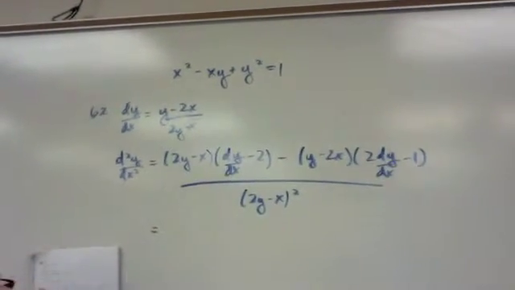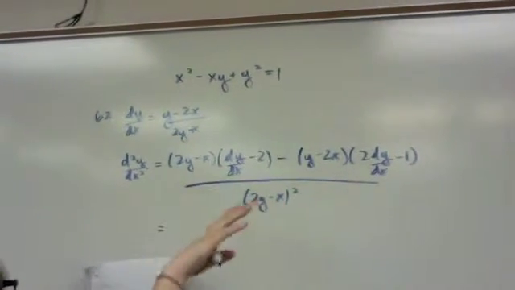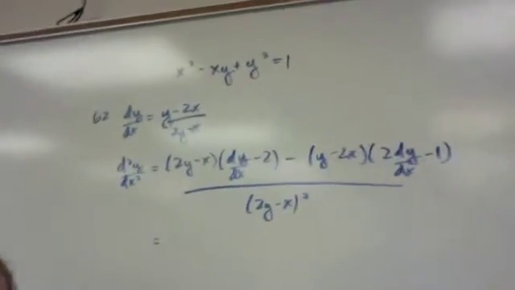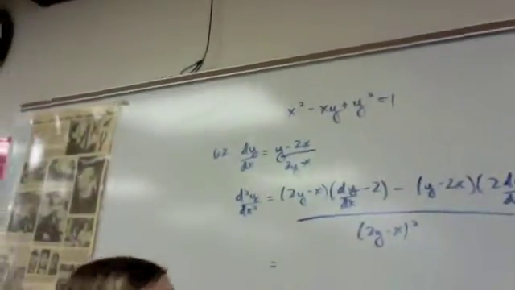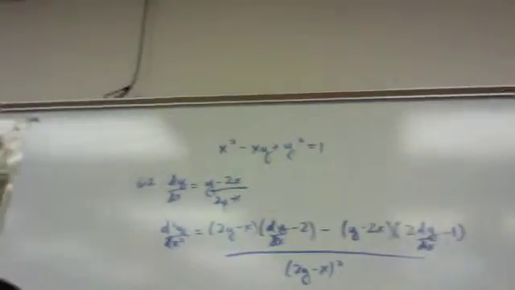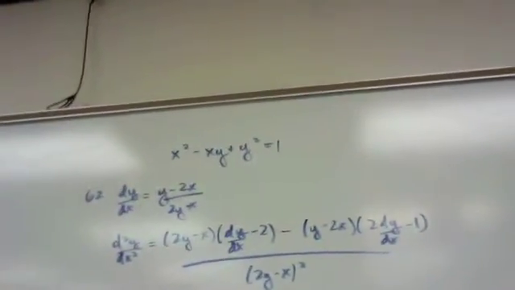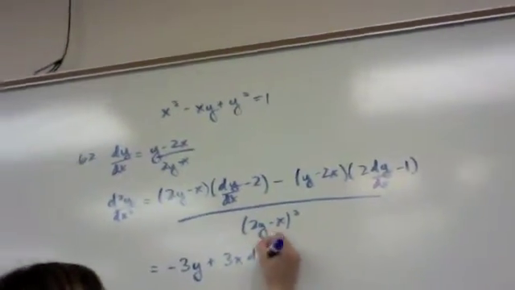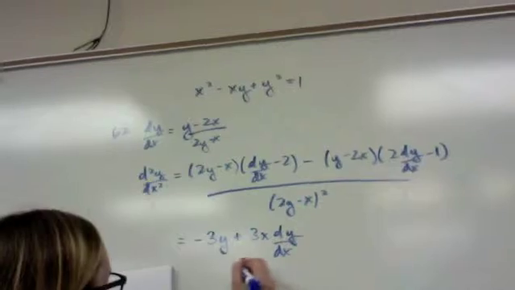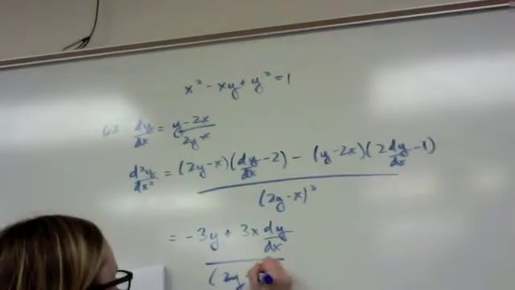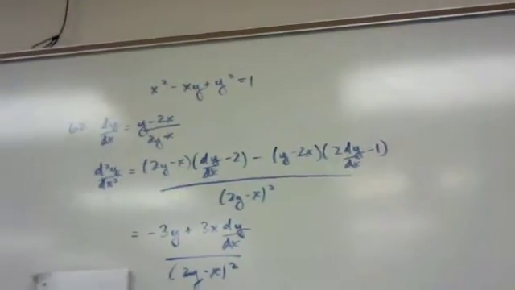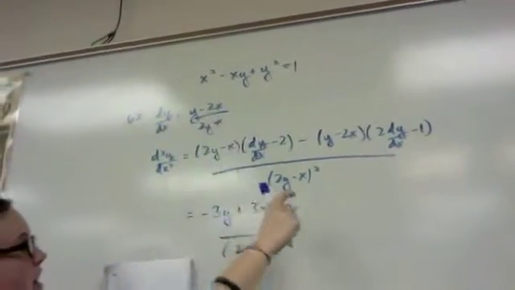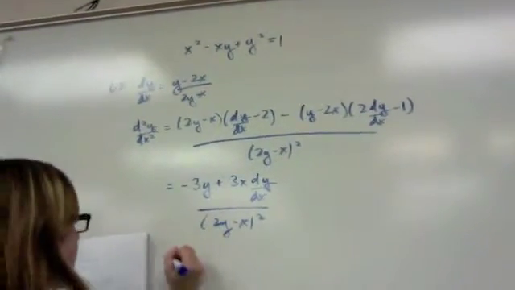So then we're going to do some multiplying out and simplifying. After multiplication and simplification, the top should end up as negative 3y plus 3x dy/dx, and then you still have over 2y minus x squared. Well, we have this dy/dx, so we're going to have to plug in our original dy/dx into here so we can simplify it even further.